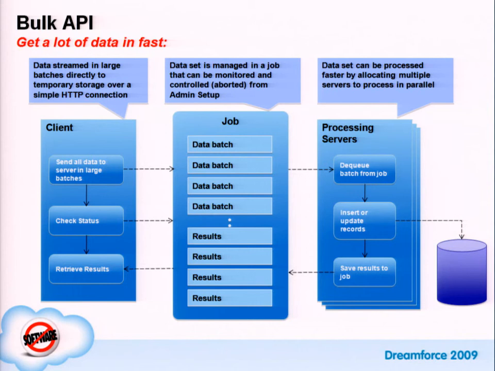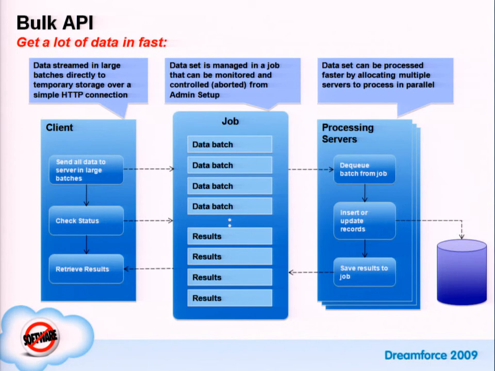Not implemented as part of this solution, but certainly something that could have been leveraged is a new technology that's just gone GA in our most recent release, and that is the Bulk API. Bulk API, now integrated into our Apex data loader, allows you to push large CSV files or XML files into our platform.